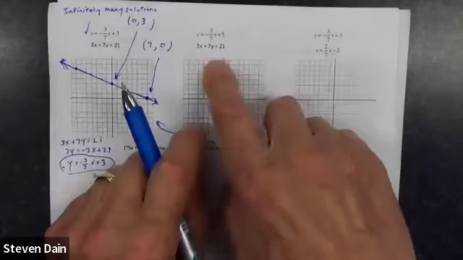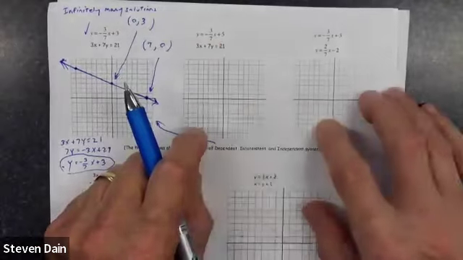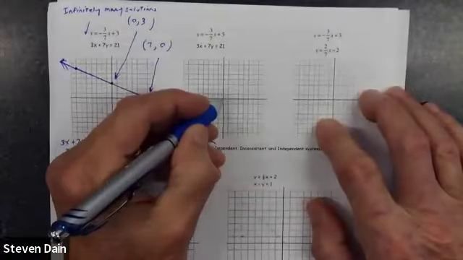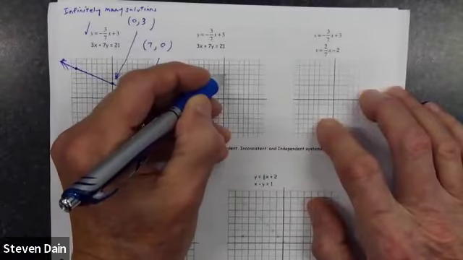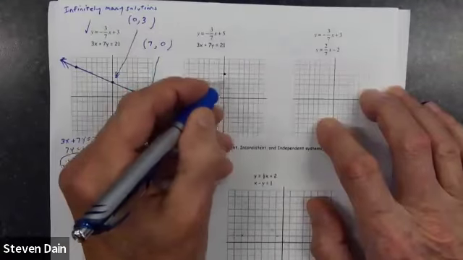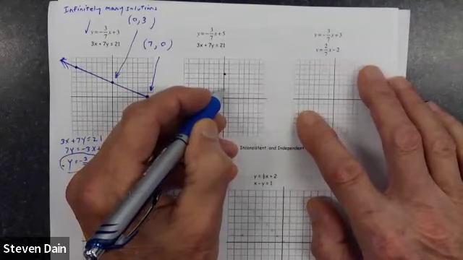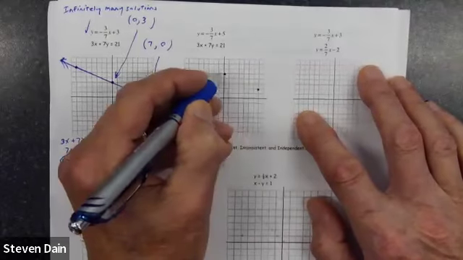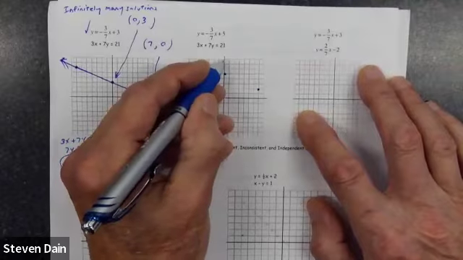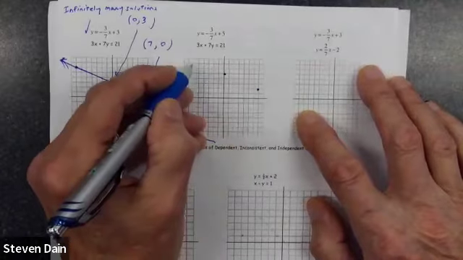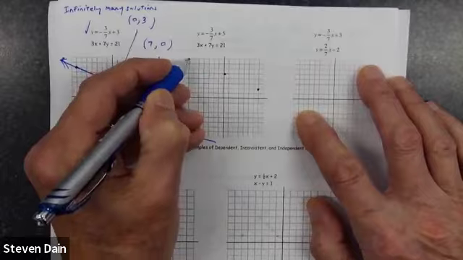Okay. Top equation says y equals negative 3/7 x plus 5. So the y-intercept is 5. And the slope is negative 3/7. I have that same slope again. Down 3 over 7 puts us right there. Or up 3 and to the left 7 puts us right there.